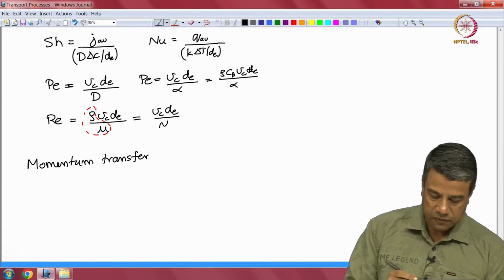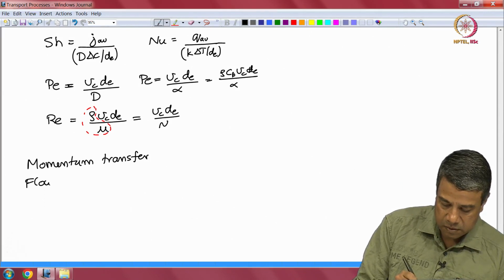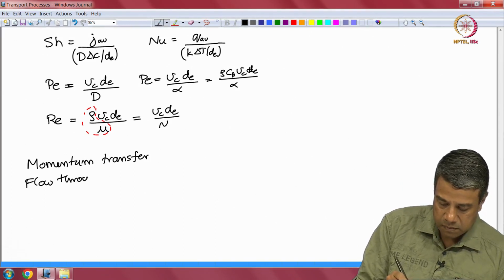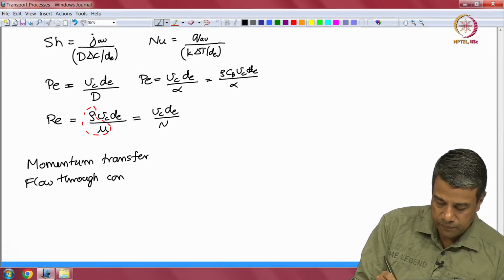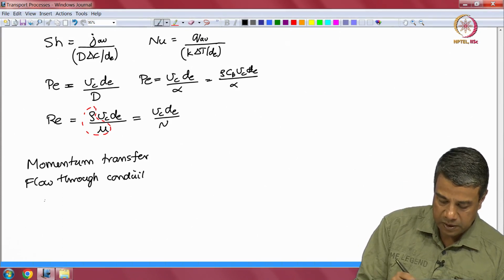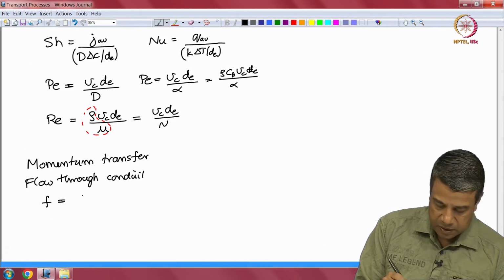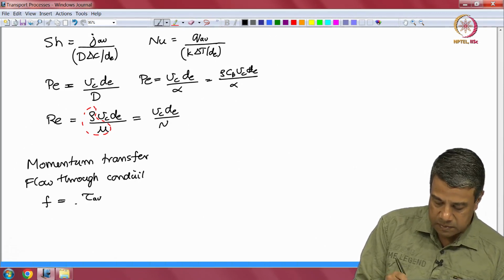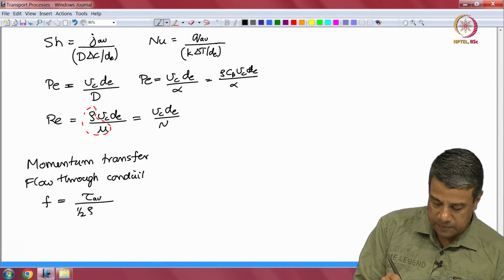So, for flow through a conduit, the friction factor is defined as the average wall shear stress divided by the kinetic energy density.